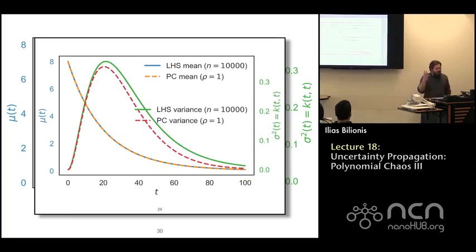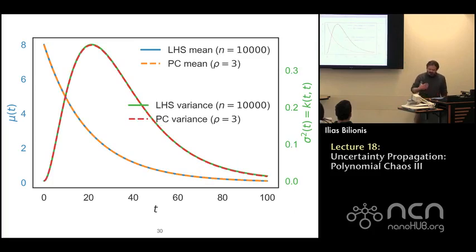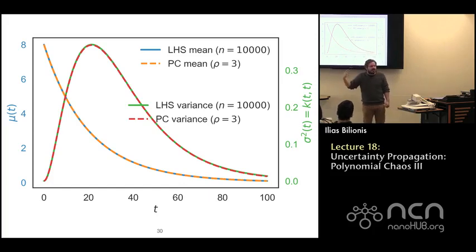You start with a small polynomial degree, you increase it until the solution doesn't change. And because the mean is actually captured quite easily, you should probably be looking at the variance. Okay, because the variance is harder to capture. So if you capture the variance, chances are that you're doing a pretty good job.